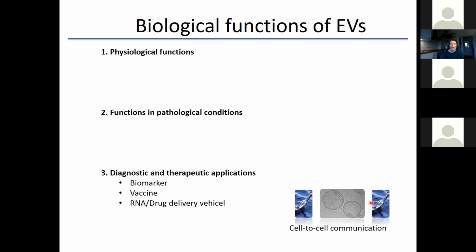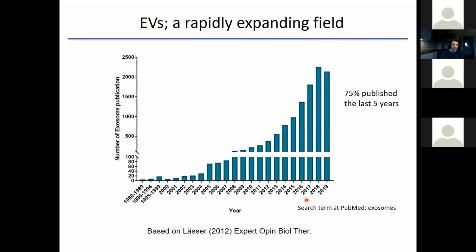So I'm usually thinking of them as little messages in a bottle that are floating around in our body. And they participate in all these different kinds of cell-to-cell communication. And when I started in the field in 2007, it was less than 100 papers per year that were published. So I could basically read them all.